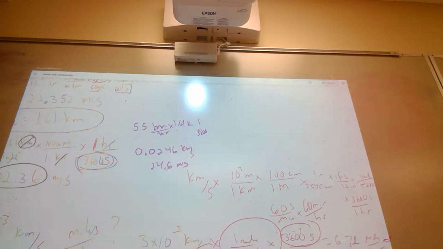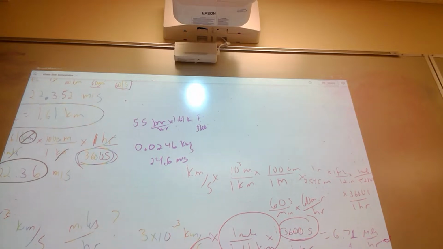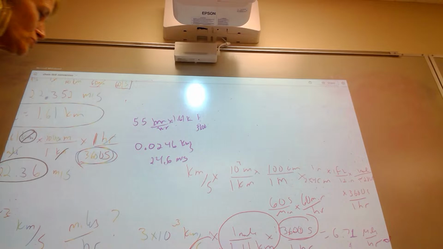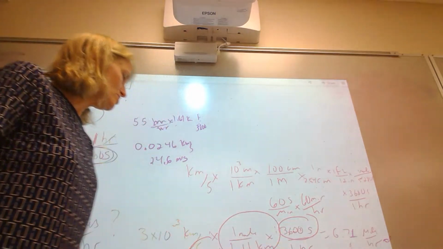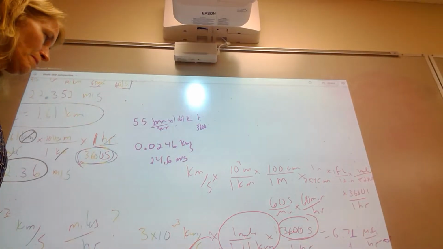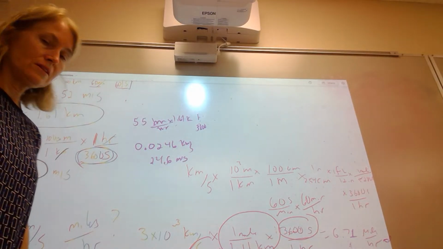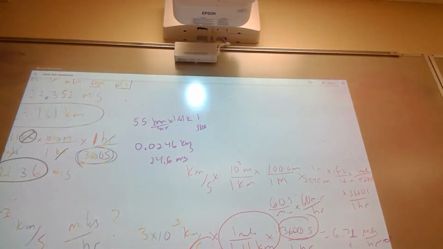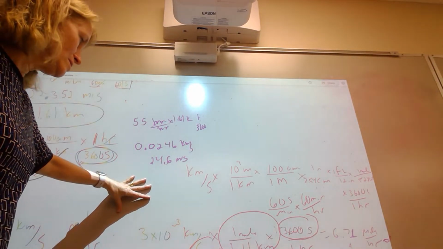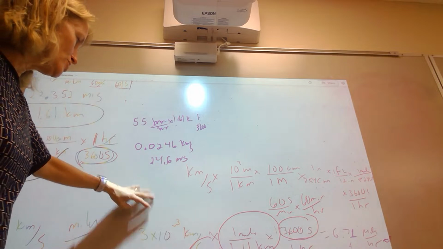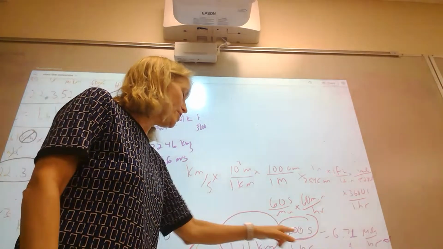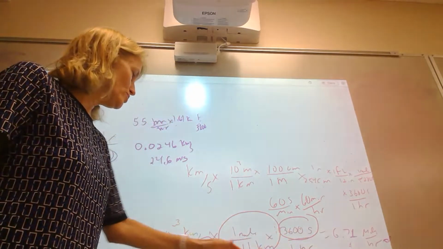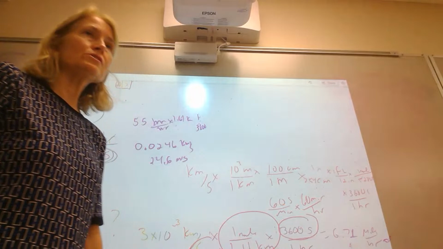Okay, I have 6.71. So we have 3 times 10 to the minus 3 kilometers per second times 1 mile is 1.61 kilometers, times 3,600 seconds is 1 hour. So miles into kilometers, and you get rid of kilometers, and then seconds into hours, 3,600 seconds in an hour.